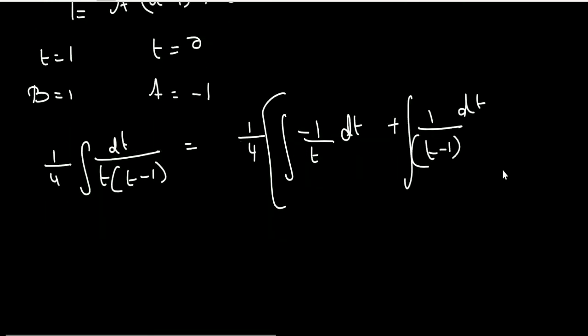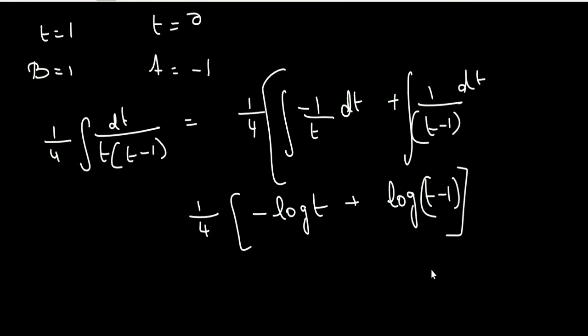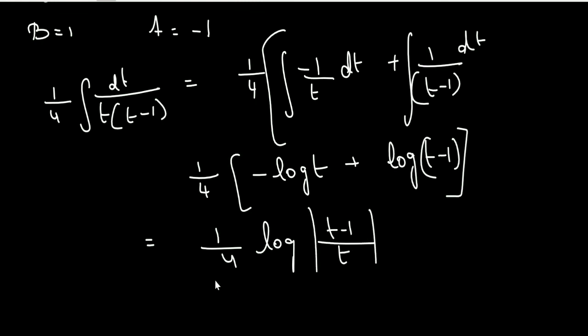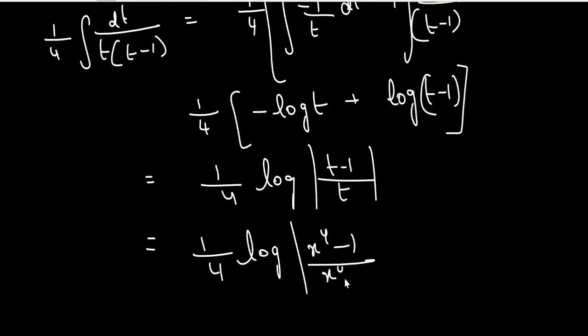So this is equal to 1 by 4 minus log t plus log t minus 1. That is equal to 1 by 4 log of t minus 1 by t. So now you substitute for t. So t we have taken as x power 4. So that's the answer.